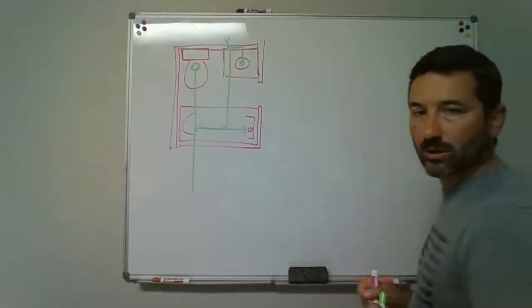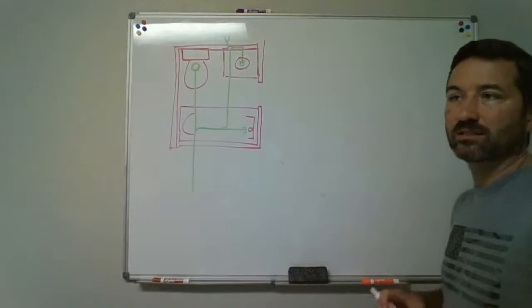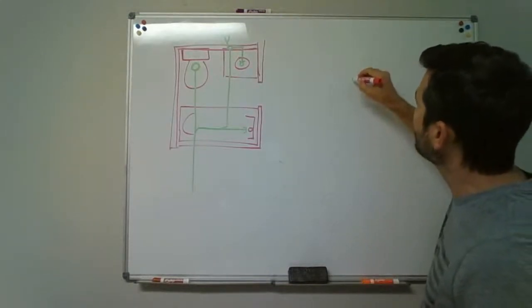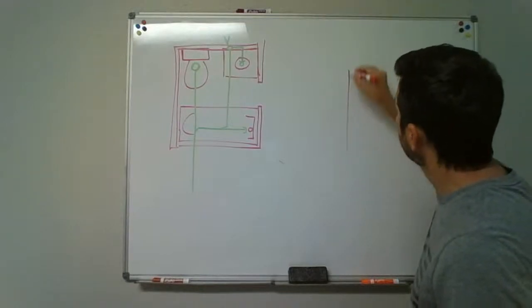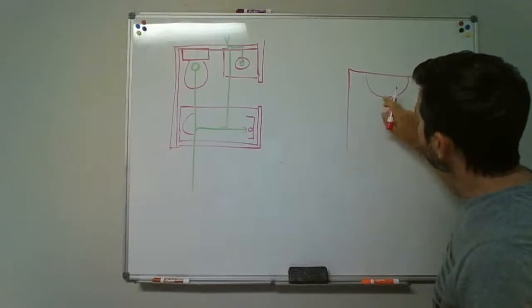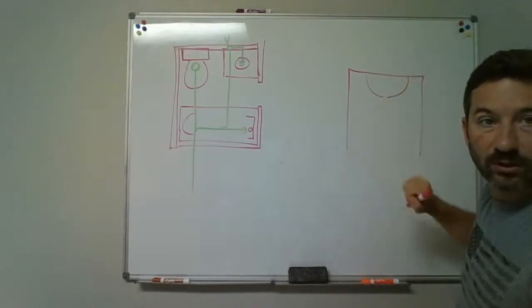We aren't covering it yet, but when we get to the next chapter, chapter 10, it's going to tell you that from the fixture outlet, so let's just put a sink here, at the bottom of the sink where the drain is, that's the fixture outlet, okay?